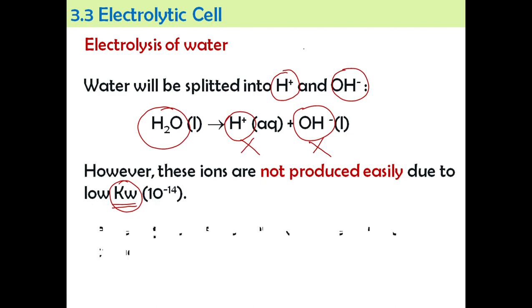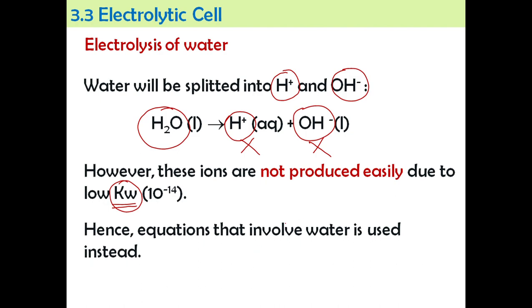So instead kita akan pakai equation that involve water. Okay? Jadi takkan pakai H plus, takkan pakai OH minus. Actually kita akan pakai H2O. So H2O ni dia boleh undergo oxidation, dia boleh undergo reduction tau. Dua-dua boleh. That's why kita boleh pakai H2O as the species. Okay?